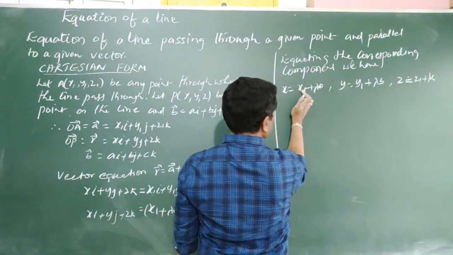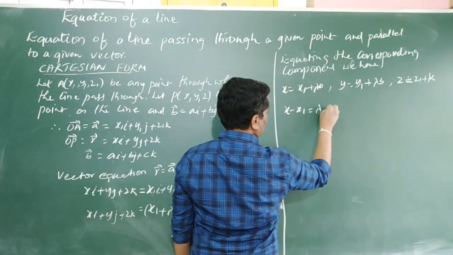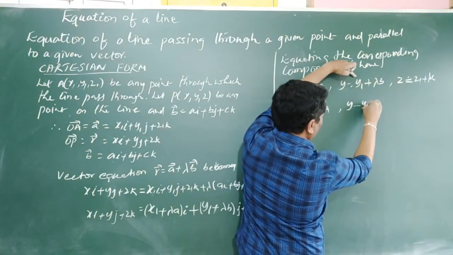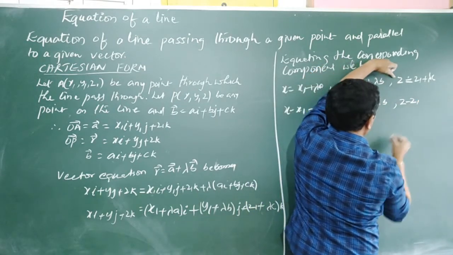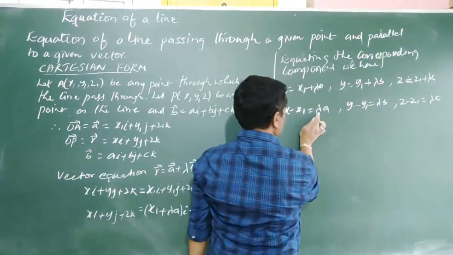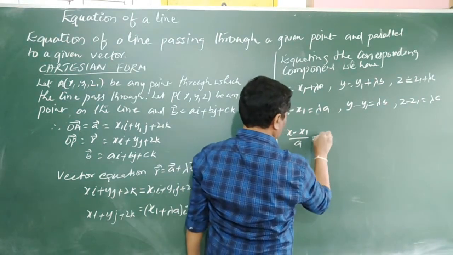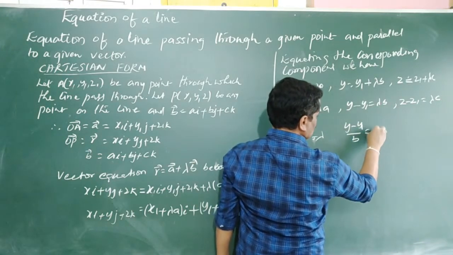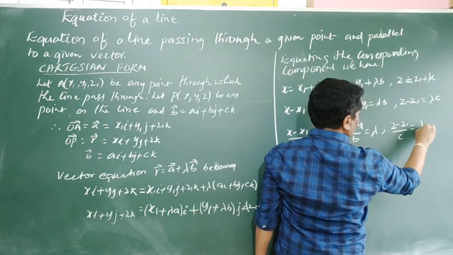Simplification: bring x1 to LHS, therefore x minus x1 is equal to lambda a, y minus y1 is equal to lambda b, and z minus z1 is equal to lambda c. Again, to find lambda, x minus x1 by a is equal to lambda, y minus y1 divided by b is equal to lambda, and z minus z1 divided by c is equal to lambda.